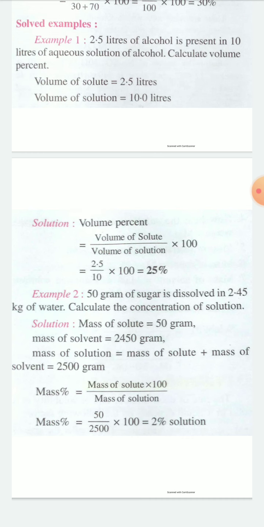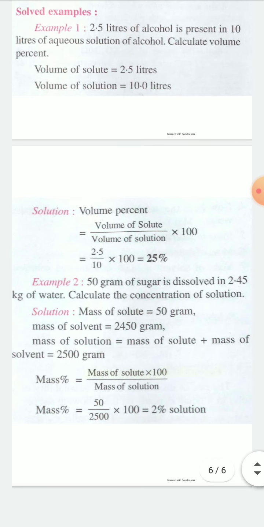Volume of solute is 2.5 liter and volume of solution is 10 liter. So volume percentage is volume of solute divided by volume of solution into 100, that is 2.5 divided by 10 into 100, that is 25%.